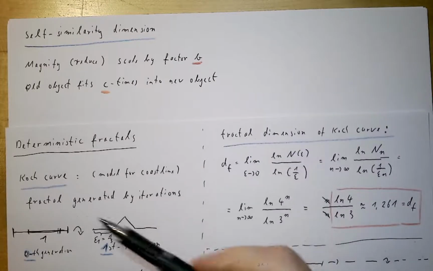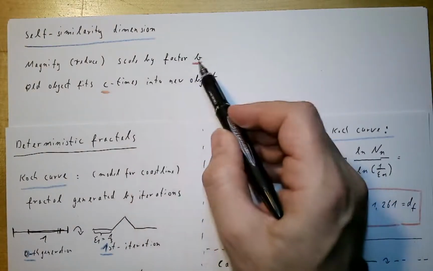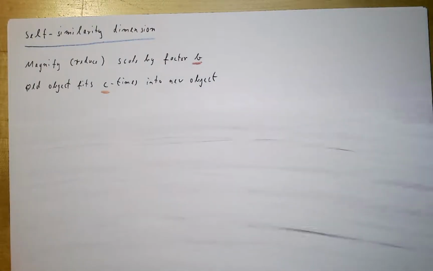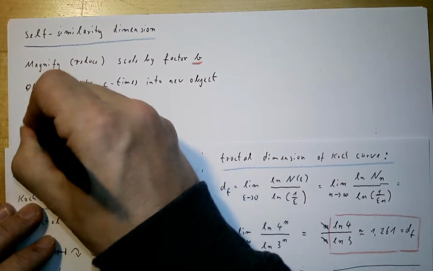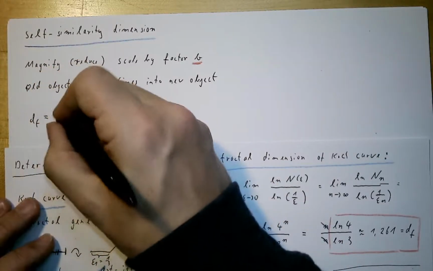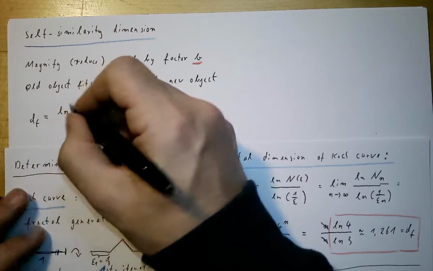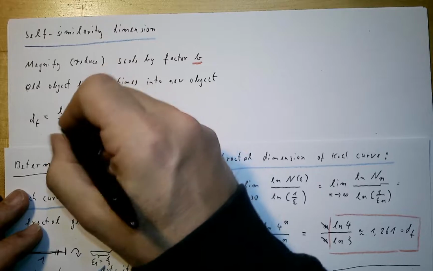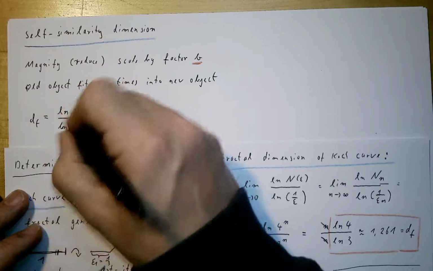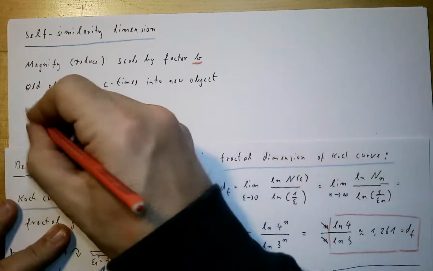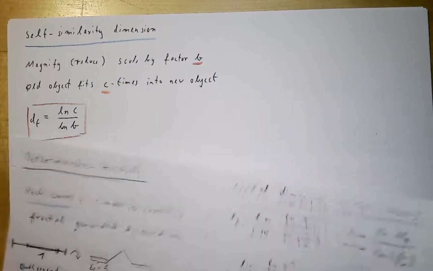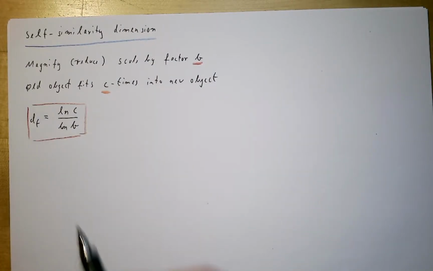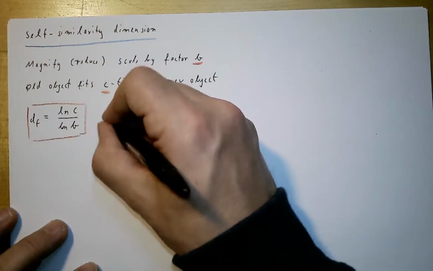But independent of how you do it, you have these two factors b and c, and then just by comparison, by all this formula that we had here, we can define the fractal dimension of such a self-similar object as the logarithm of c divided by the logarithm of b. So we don't need to take a limit going to small scales and so on and so forth. We can directly write down the dimension, and this is called the self-similar dimension.